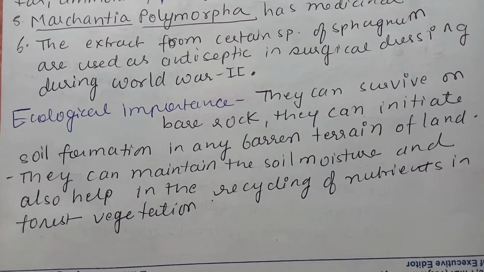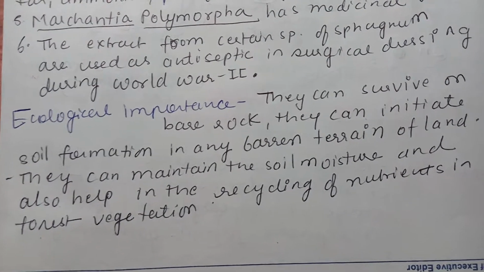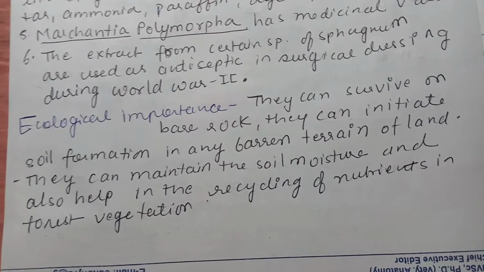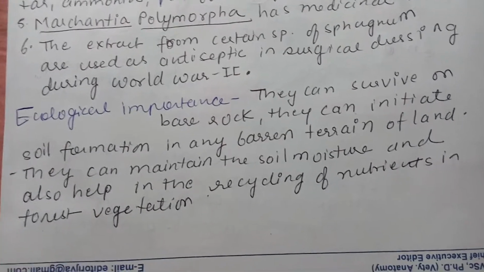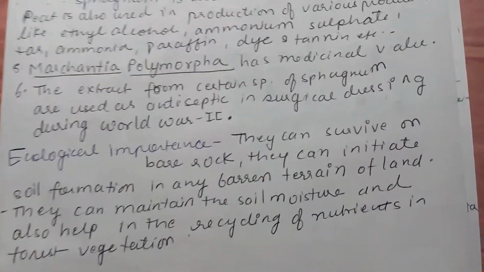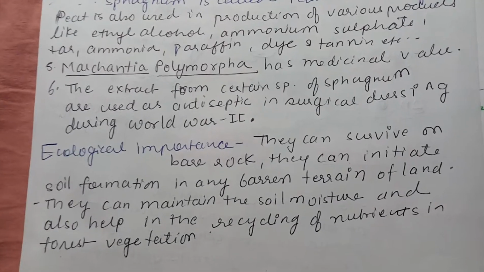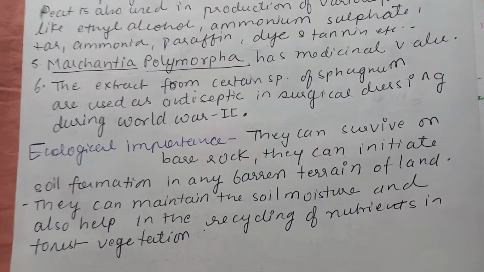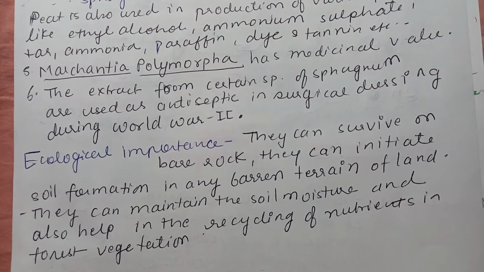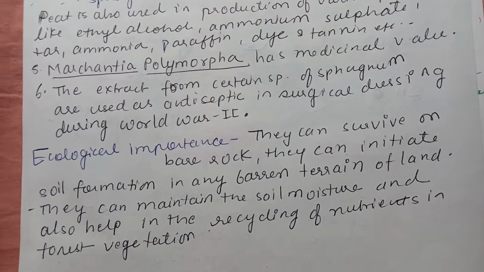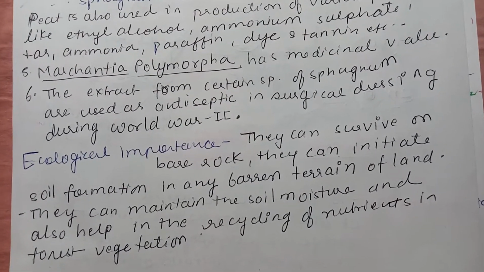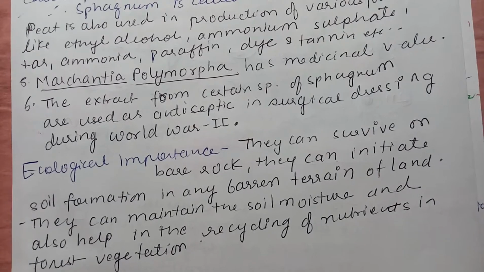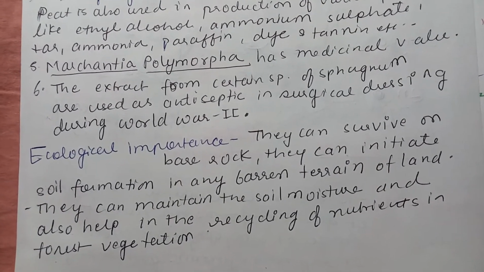They can initiate soil formation in any barren terrain of land, just like we have seen in the case of lichen, which are pioneers. Okay, so over here the mosses, along with the lichen, are pioneers in the xerophytic succession of any ecosystem.